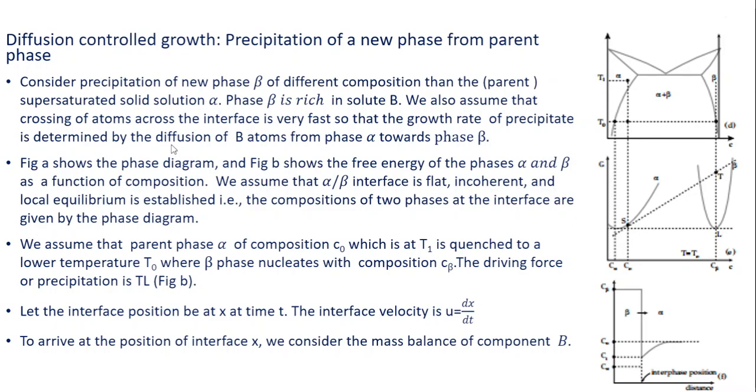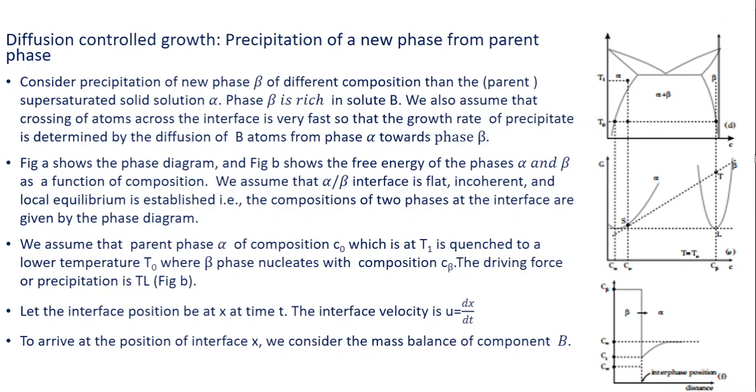Figure A here shows the phase diagram, and figure B shows the free energy of the phases alpha and beta as a function of composition. So for alpha, the free energy varies as a function of composition in this particular fashion, and we assume that beta is nearly intermetallic, or has a very narrow solid solution.